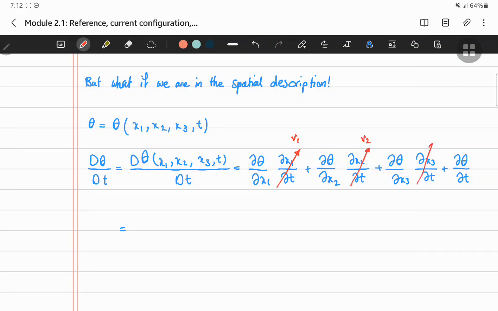Sorry, this is v3. Therefore, I write the partial derivative of theta with respect to t, plus the partial derivative of theta with respect to x1 times v1, plus the partial derivative of theta with respect to x2 times v2, plus the partial derivative of theta with respect to x3 times v3.